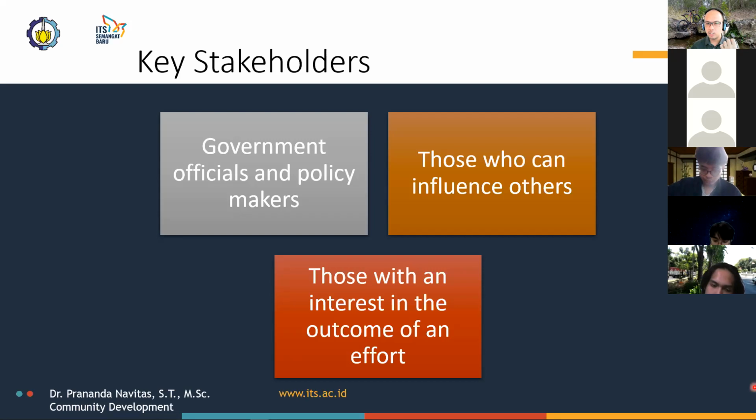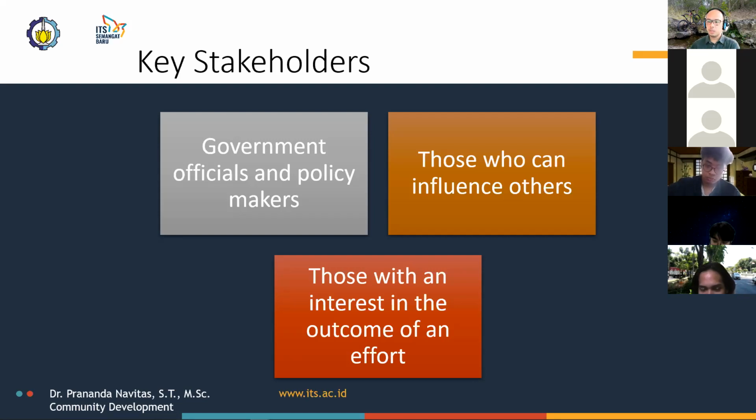State and federal government agencies often devise and issue regulations and reporting requirements, and they can sometimes make or break an effort by how they choose to regulate and how vigorously they enforce their regulations.